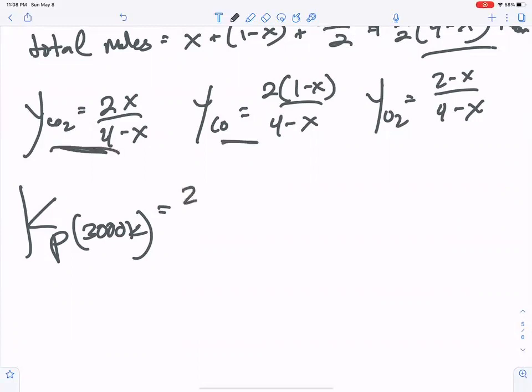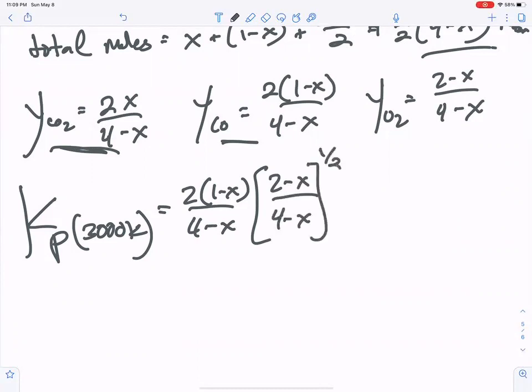It will be 2 times 1 minus x over 4 minus x times 2 minus x over 4 minus x to the 1/2. And then this is going to be in the denominator, so it would be 4 minus x over 2x.